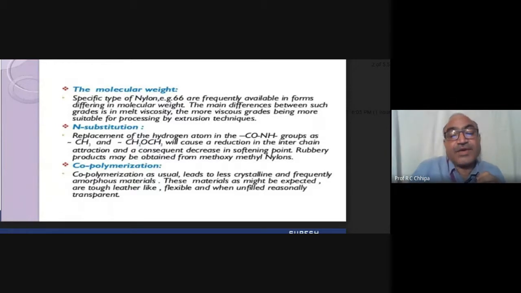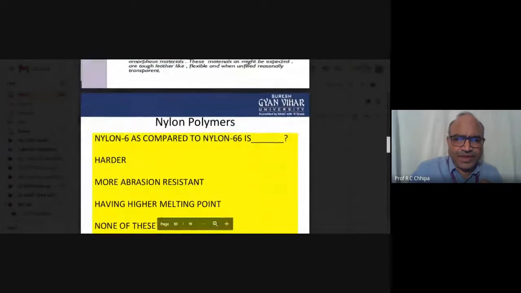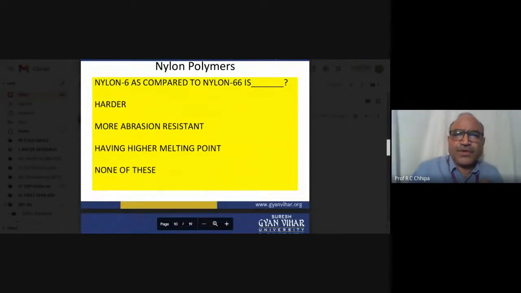And here I have also discussed the copolymerization, which usually leads to less crystalline and frequently amorphous material. So that material might be expected to be leather-like, flexible. So leather, flexible, elasticity. So here the comparison between the nylons. So this is one of the questions.